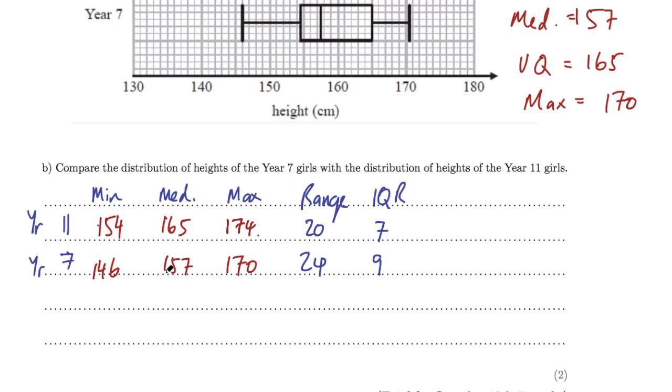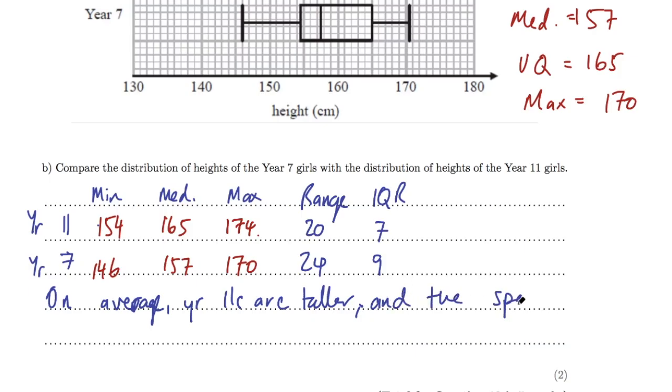So what can we say? On average, the year 11s are taller. And the spread is smaller, because the range versus the range of the year 7s is lower for each value.